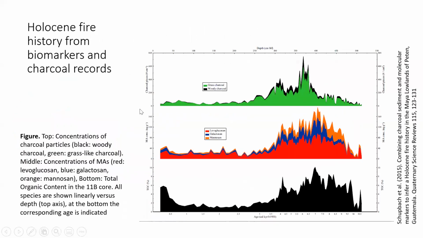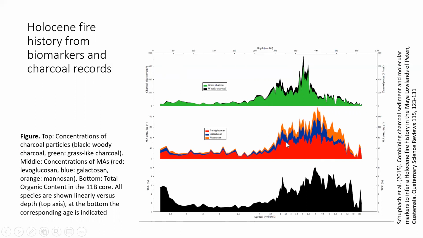Here is another example showing the Holocene fire history recorded in biomarkers and in charcoal records. So here first there's this reconstruction based on charcoal counts and charcoal morphologies differentiating charcoal from grasses and also charcoal from wood material.